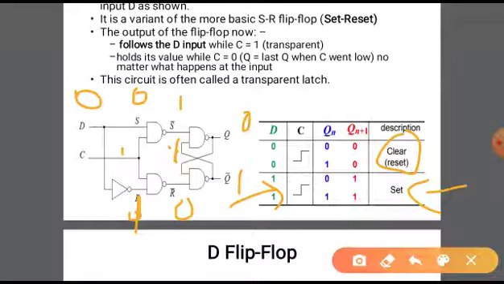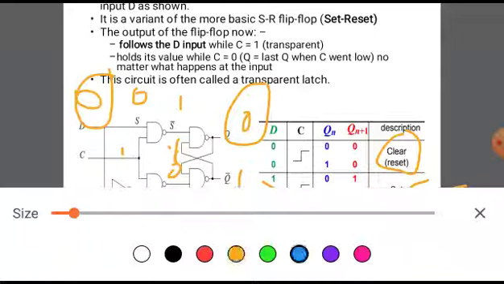So recall the NAND gate table: 0 0 input gives output 1, 1 1 input gives output 0. So you focus here, 0 input 0 output, which is called a NAND gate.